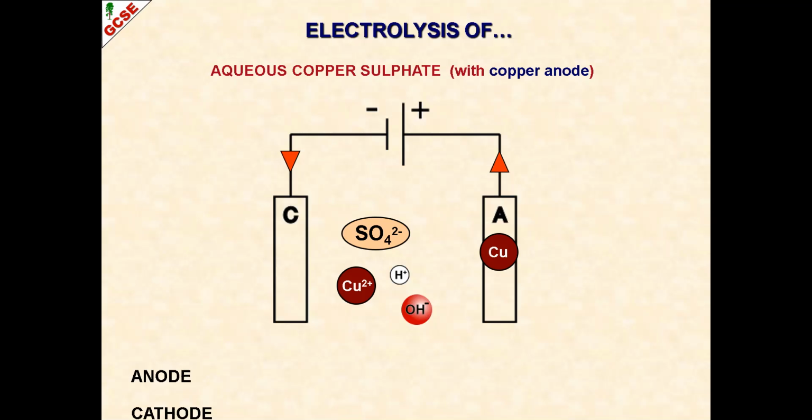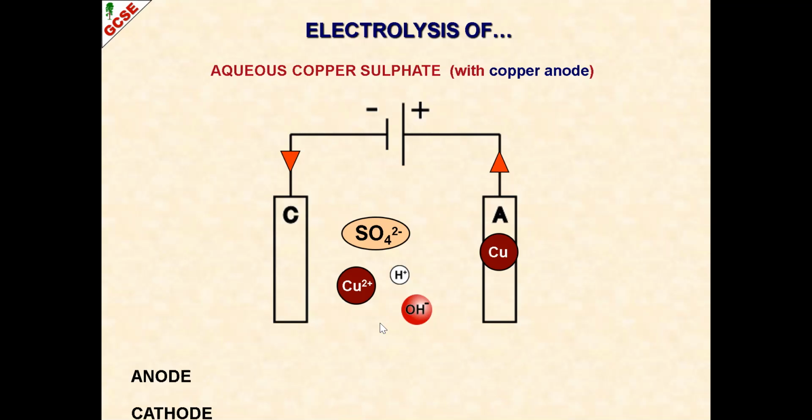Now, sulfate ion and hydroxide ion both will be attracted towards the anode. What will happen? The solid copper anode is going to convert into copper ions. This anode is made of copper and it's active, so it's going to convert to copper ions and move into the solution.